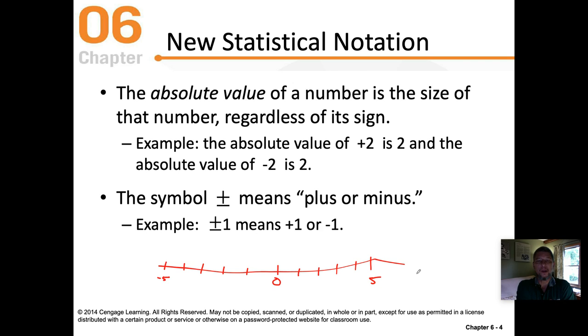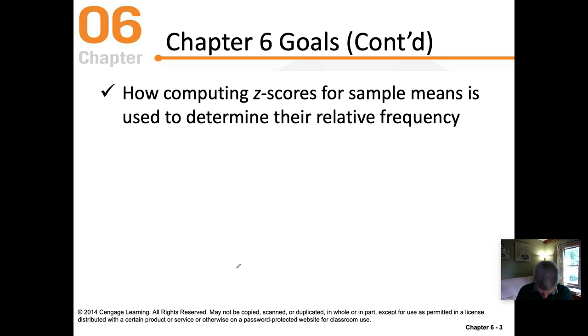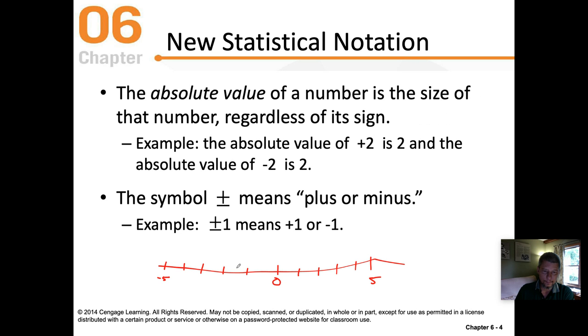So for example, the absolute value of +2 is 2, because it's 2 units away from 0. But the absolute value of -2 is also 2 because it's 2 units from 0. In other words, the distance that the score is from 0 is 2.